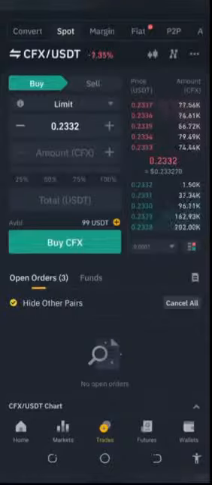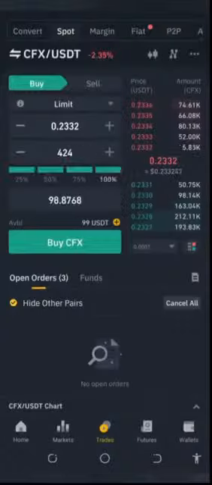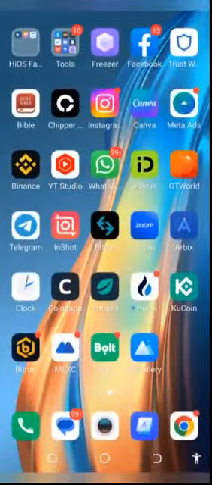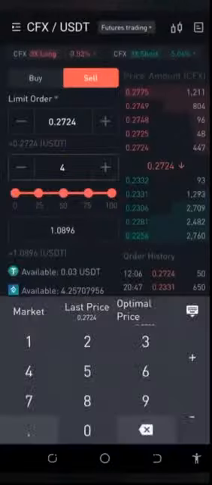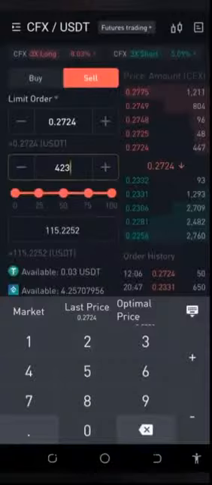See what we have. 424. So if I send over 424, let's even say it's 423, because in the process we lose 1. So we should actually get $15 profit. It's 423. So if I now want to sell this, okay?